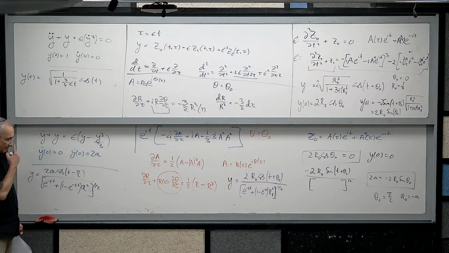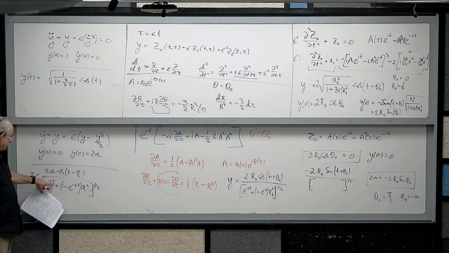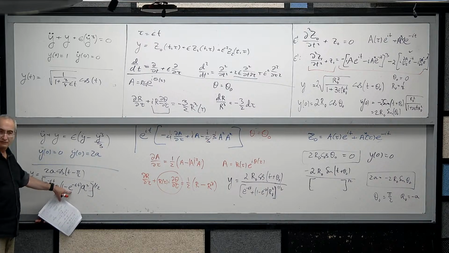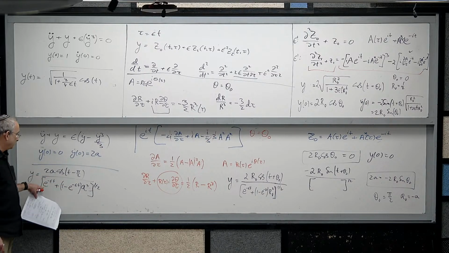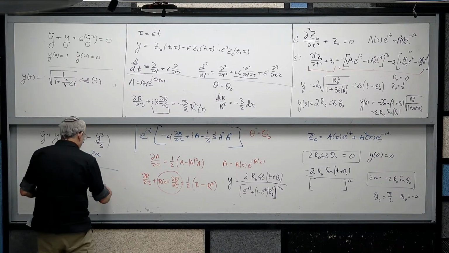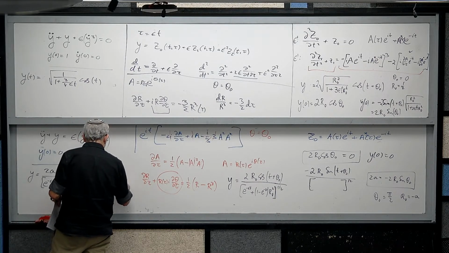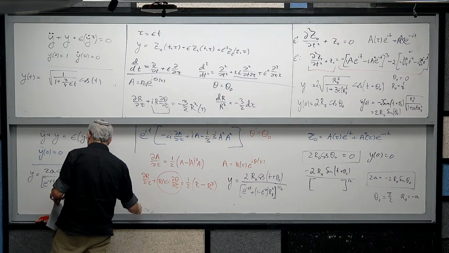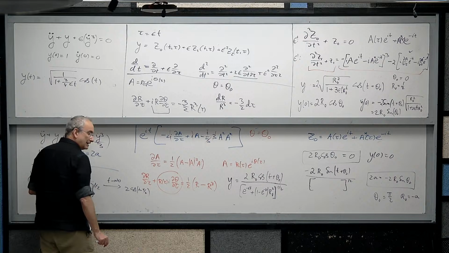The numerator is bounded, and the denominator, when t goes to infinity, much larger than 1 over epsilon, then this is 0 and this is 0. So in the denominator, I have a. So as t goes to infinity, this goes to 2 sine t, cosine of t minus pi over 2, if you want sine, whatever.